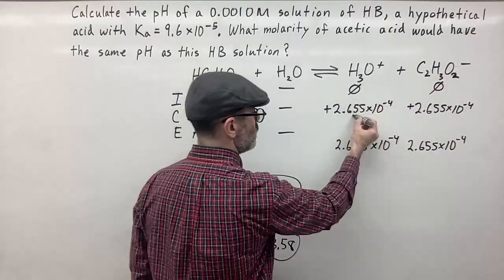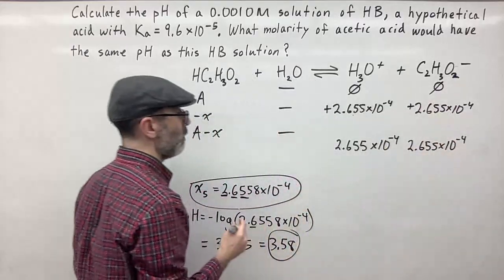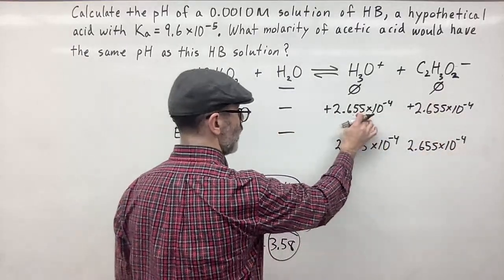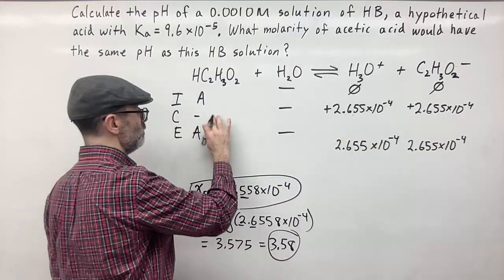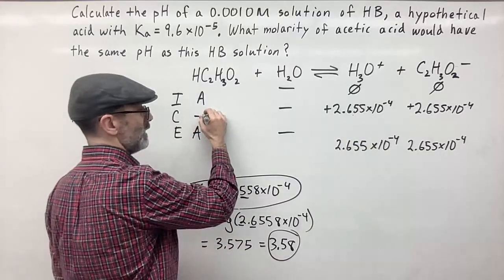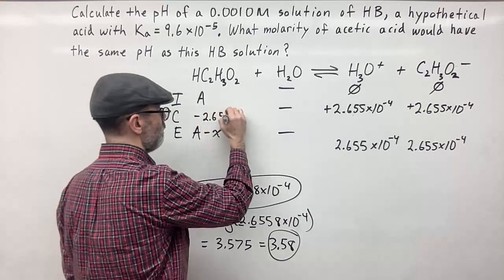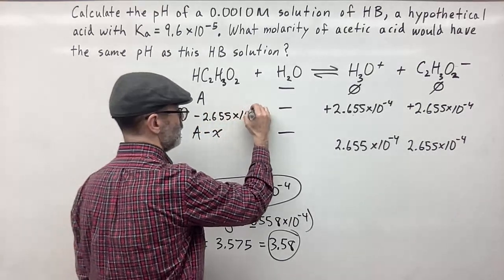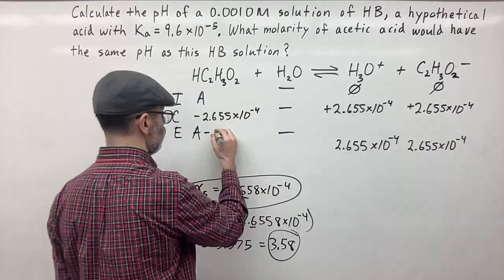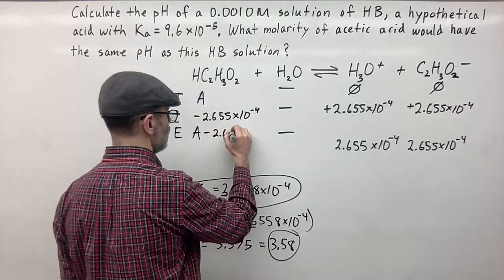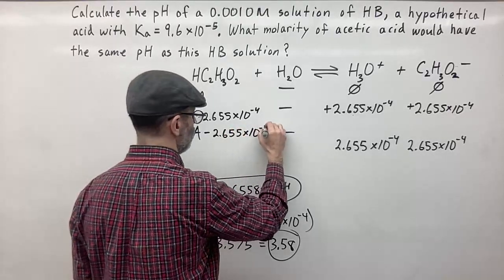So 0 plus this gives us this. So we have the change. Remember, X is the change. And so that tells us that this X is a negative. It's a subtracting 2.655 times 10 to the negative 4, which means that this X is also going to be 2.655 times 10 to the negative 4.